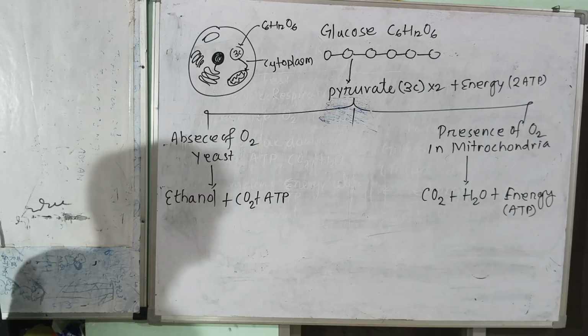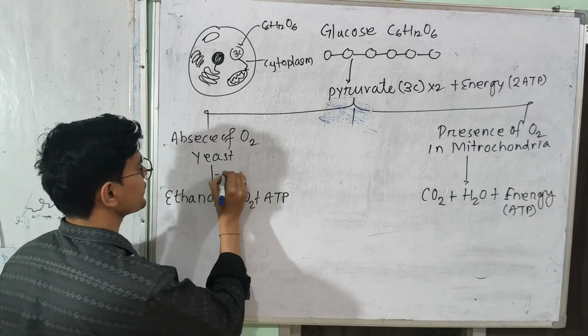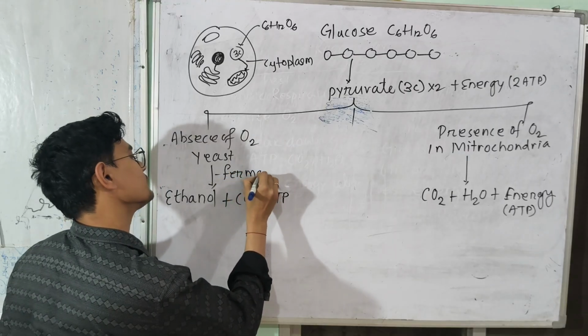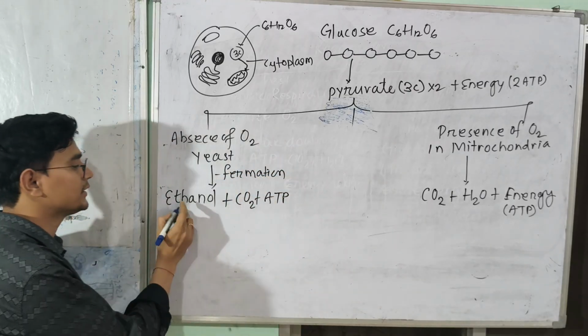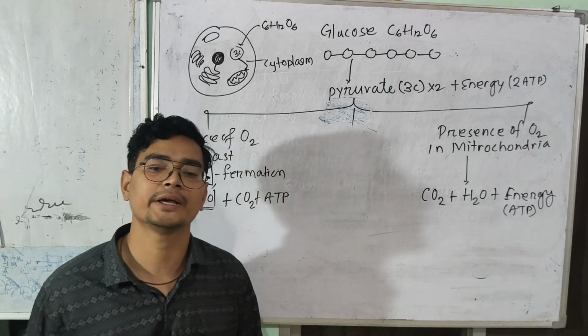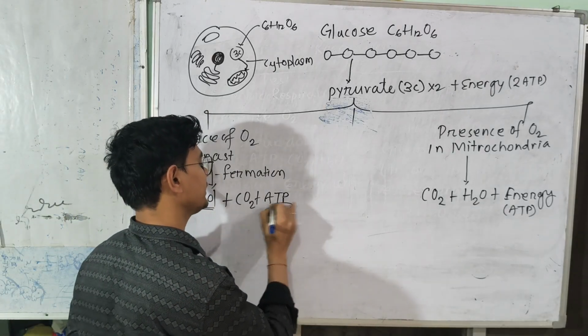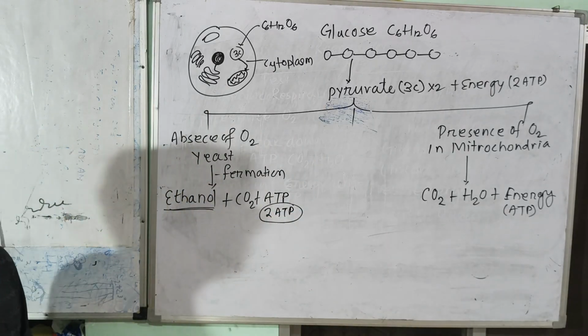Absence of oxygen is called anaerobic respiration. This is also called fermentation. We get ethanol, carbon dioxide and ATP. How many ATP? 2 ATP are generated in the fermentation process.